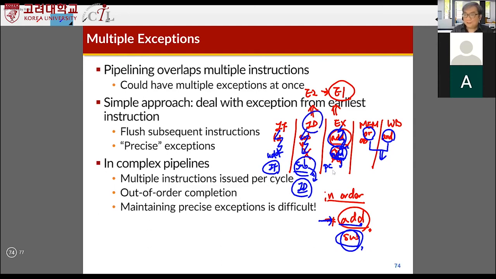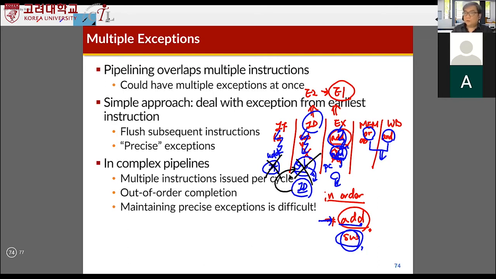What will happen? The instructions in the EX stage are completed, and then this sub instruction and the next instruction are cancelled, and then the exception handler for this sub instruction is called by the processor.